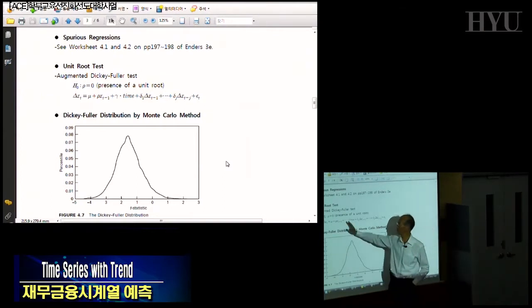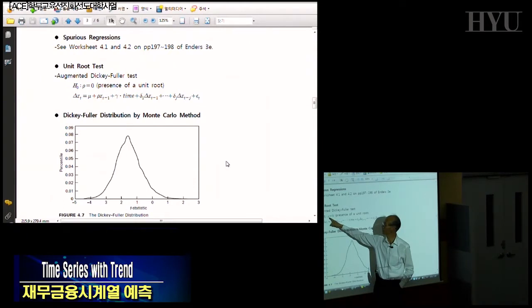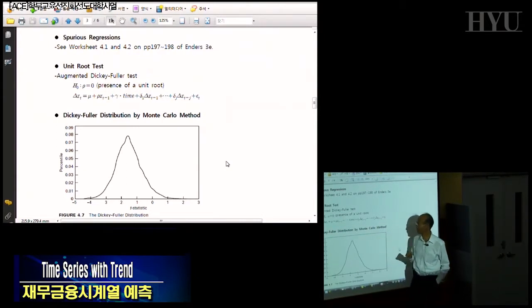The reason I explained previously, hopefully you remember it, is that under the null hypothesis of this one, case 0, the usual t statistic's distribution is not defined.